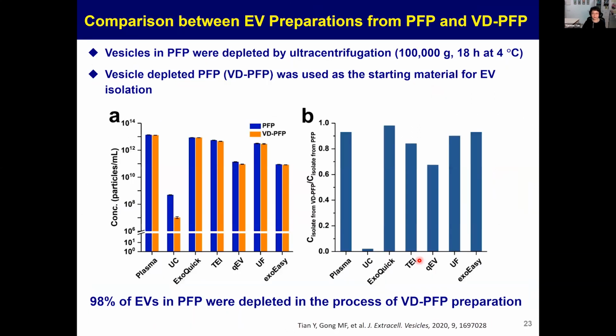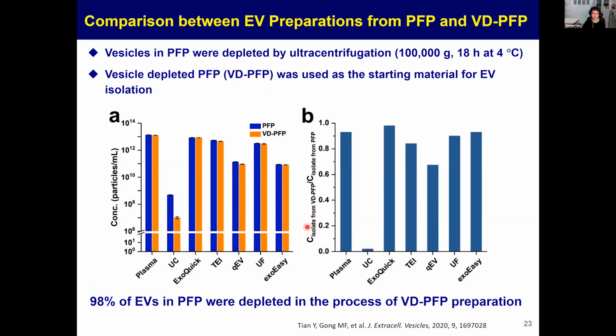So what we did is we depleted the vesicles from PFP by ultracentrifugation at 100,000 g for 18 hours, and then used this vesicle-depleted PFP as the starting material, and also used ultracentrifugation and those 5 commercial kits to isolate.